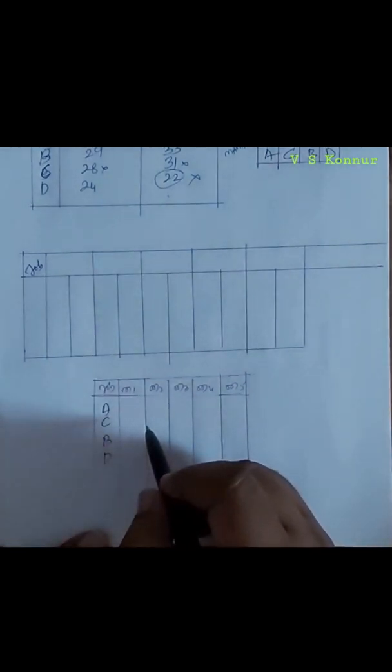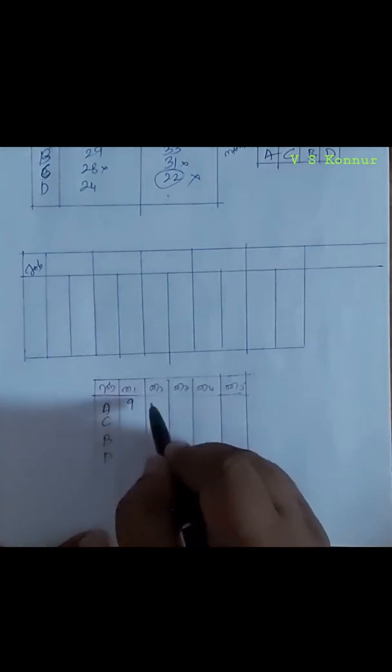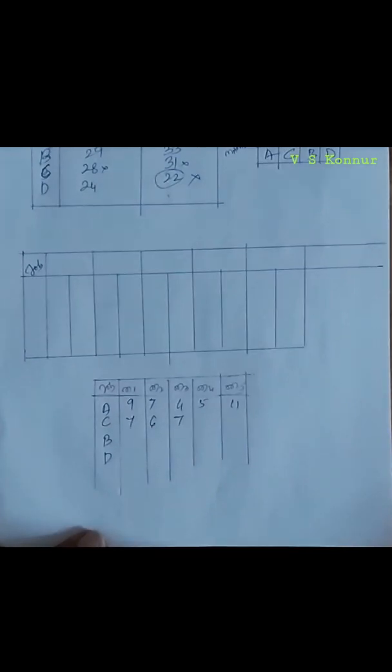So for A, 9, 7, 4, 5, 11. For C, 7, 6, 7, 8, 10. Then for B, 8, 8, 6, 7, 12.